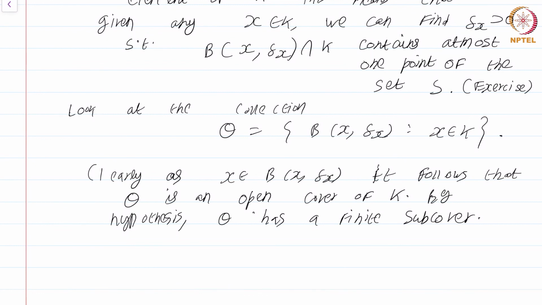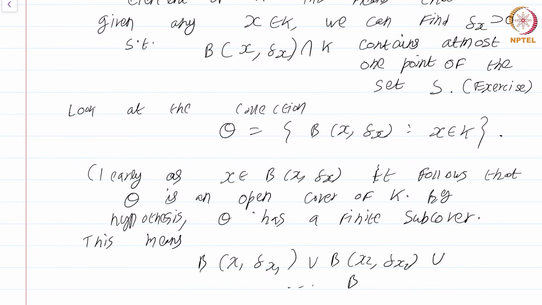Okay? This means some Bx1 delta x1 union Bx2 delta x2 union up to Bxm delta xm, this collection contains K.